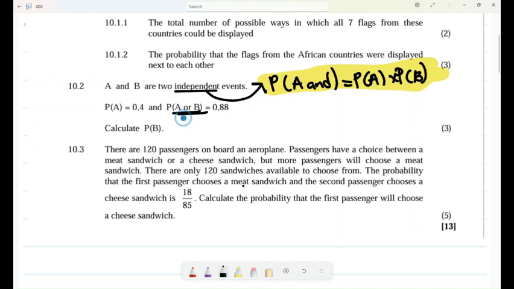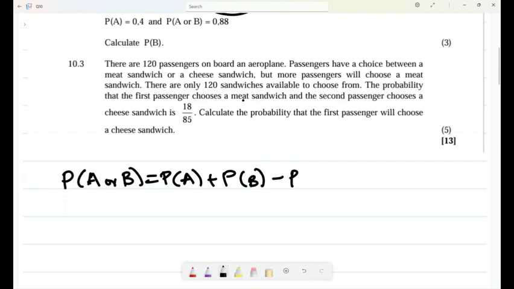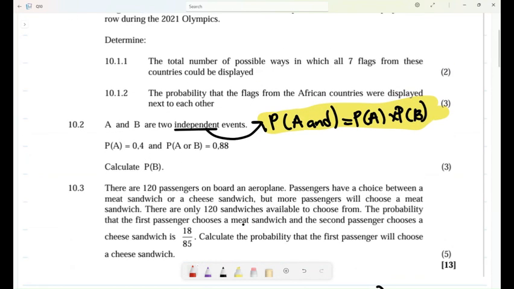Let me do it where I have space. The probability of A or B is equal to the probability of A plus the probability of B minus the probability of A and B. You would say this is 0 if you did not understand what independent event means.